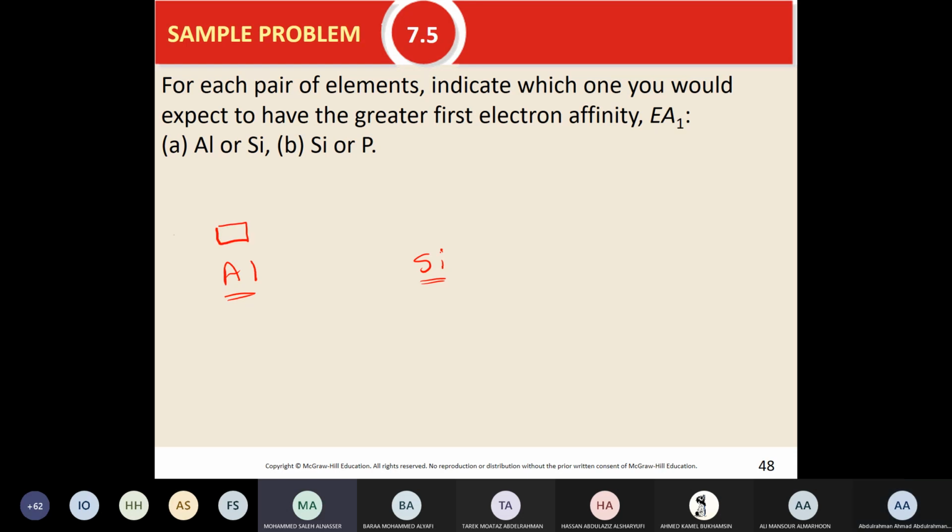It is 3p1. How about silicon? 3s2, 3p2. Which one would be easier to put an electron in, aluminum or silicon?